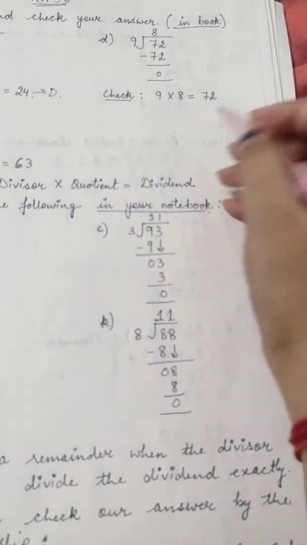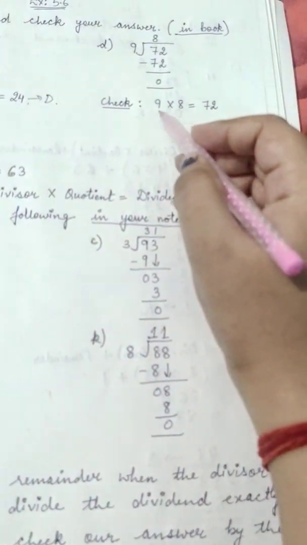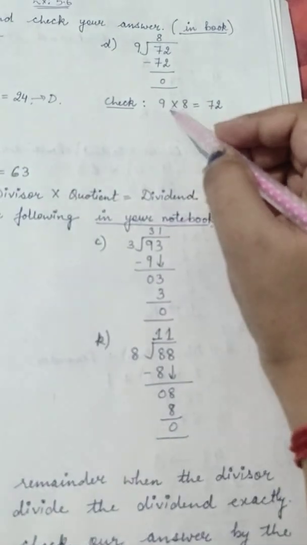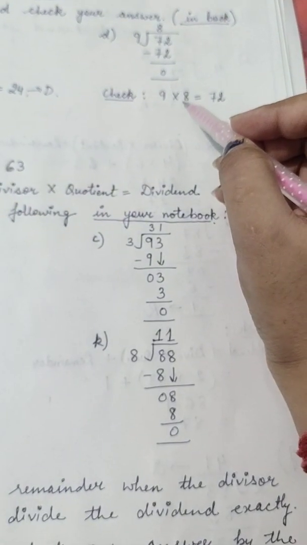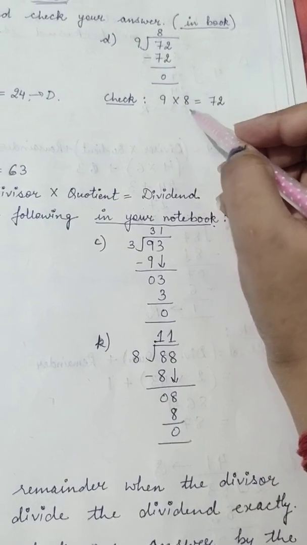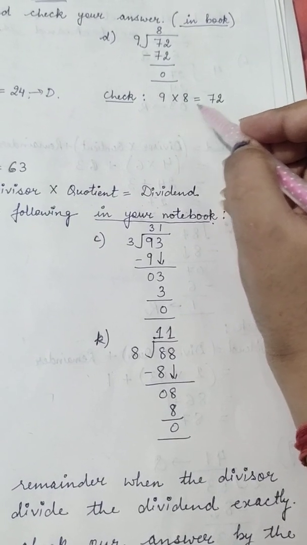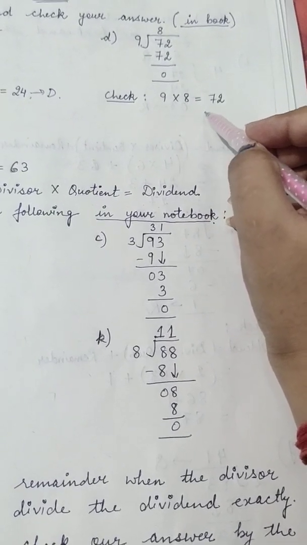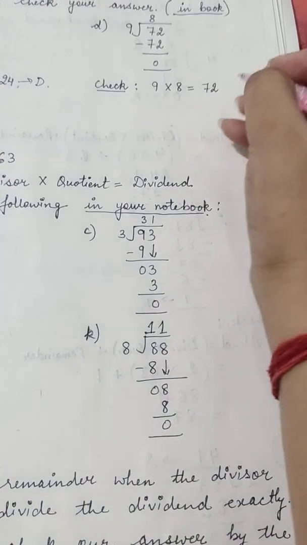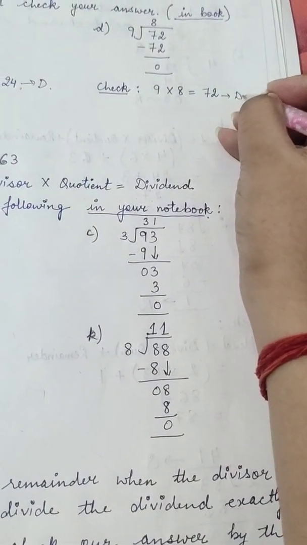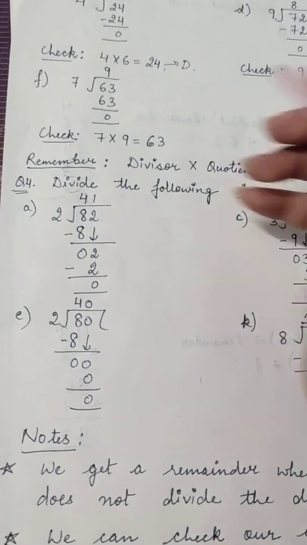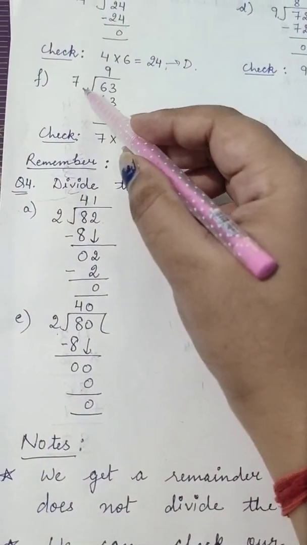Next is the check, that you have to multiply the divisor into quotient. The divisor is 9 and the quotient is 8. After multiplying we got 72, which is your dividend. Next is your F part, 63 divided by 7.